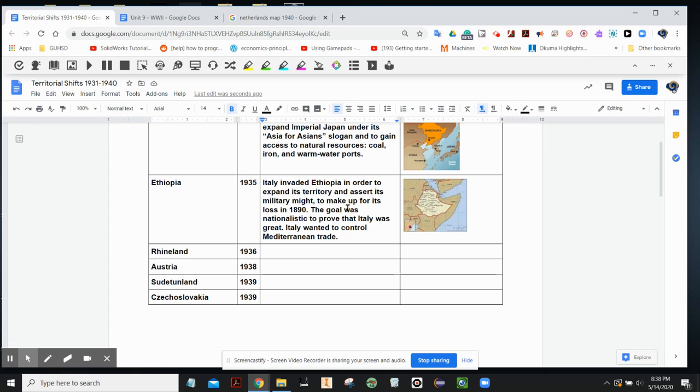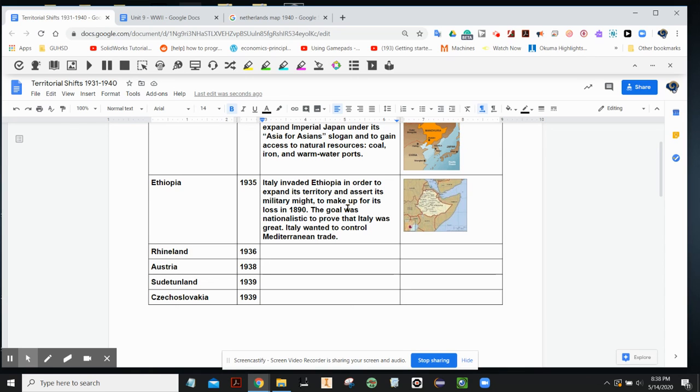Did I say that already? Natural resources, expressing cultural dominance or military might, and gaining control of strategic positions, be they for war or for trade. So that's this lesson.